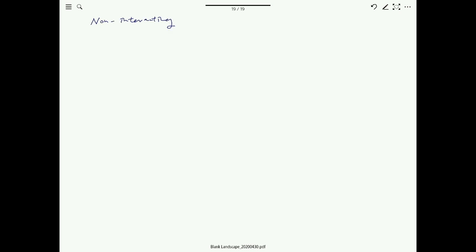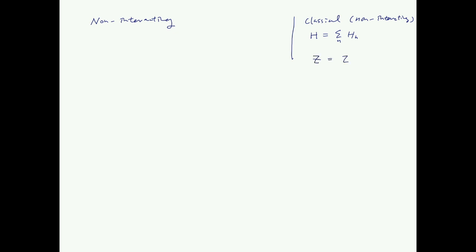Okay. So remember that in the classical case, if I write my Hamiltonian as a sum over individual Hamiltonians, non-interacting, the advantage is that my partition function will be the product of the single-particle partition functions.